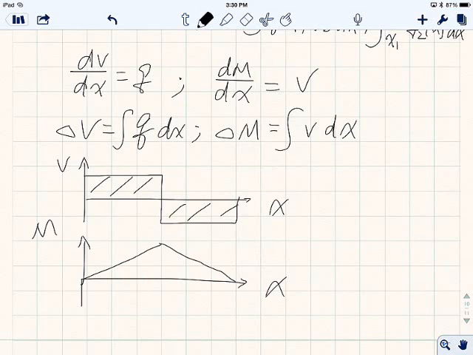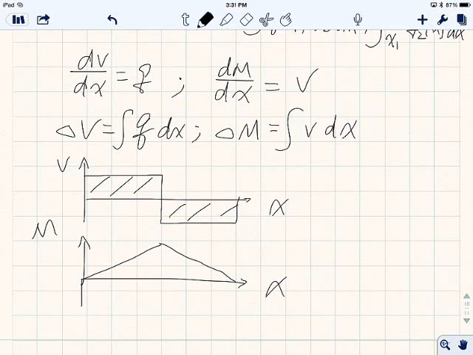Now first of all, the change in shear equals Q. You see here a horizontal line, so the slope is 0, so probably there's no distributed force in the system. And dM/dx equals V, so the change in moment equals the shear force. The shear force here is a positive number, for example 5 or 10, whatever you want. So that tells you the slope of M here should equal 5 or 10, so it's a straight line. As simple as that.